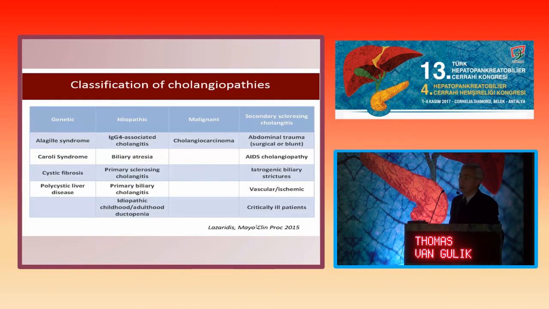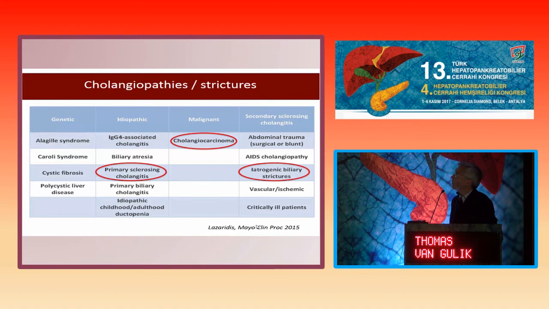So what are the cholangiopathies we see? Well, there are several, but for surgeons, I think these are the most important. You want to know, of course, the malignant ones, but we also deal with the iatrogenic bile duct strictures. We have been speaking about that this morning, and about the strictures we see in primary sclerosing cholangitis. So these are, for our practice, the most important.